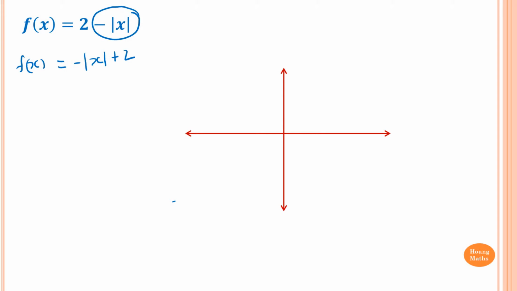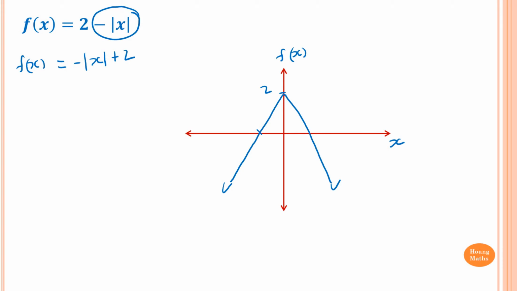That's why we just get the negative absolute value of x first. Just like this. And then what happened? It just adds 2, so just move 2 up. That's all. So just draw down, and this is it. Label this x, this is f(x), and this is 2.